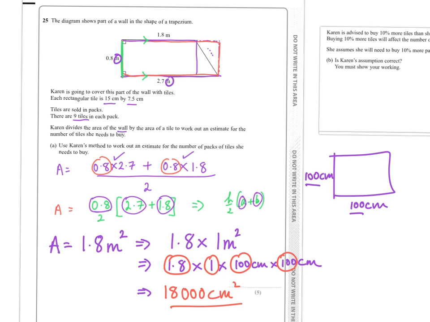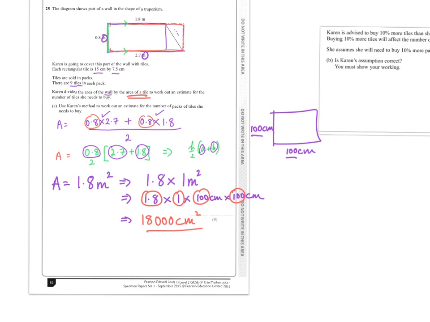Now, using her method, Karen divides the area of the wall by the area of a tile. So the area of a tile, well, it says here, so that's the area of wall. Area of tile is, it says 15 centimetres by 7.5 centimetres.